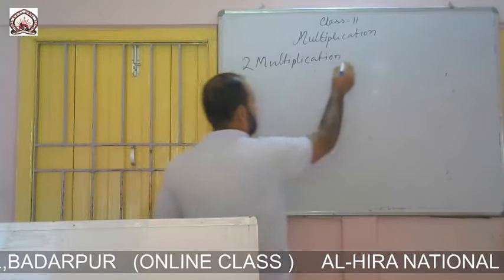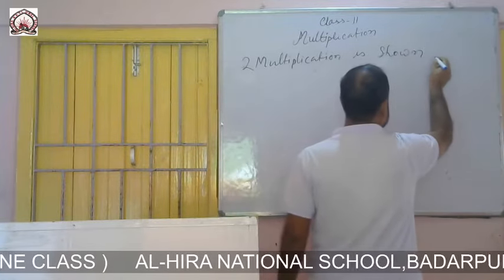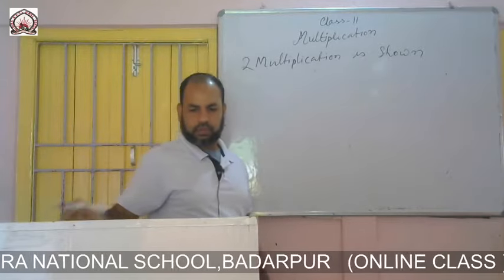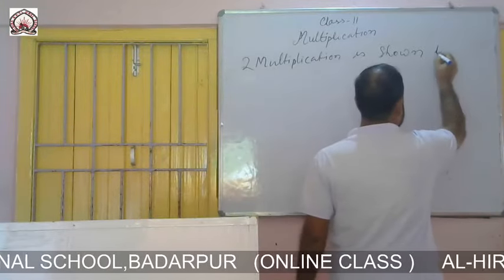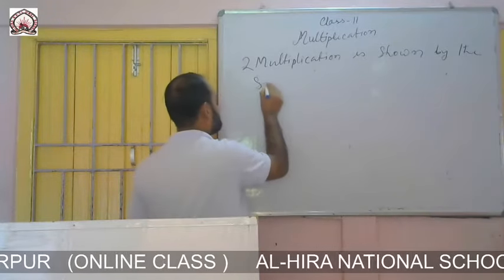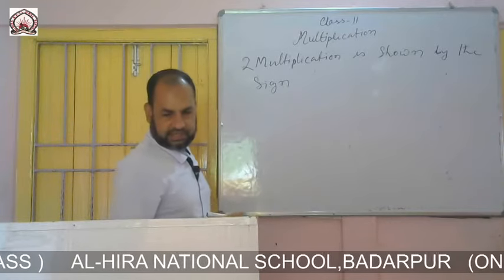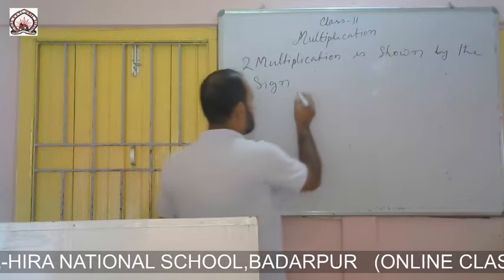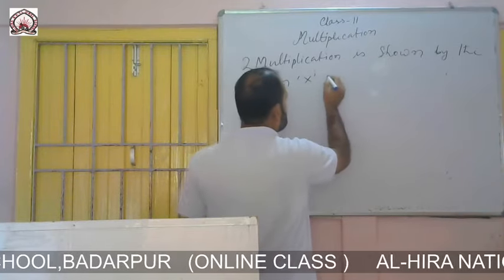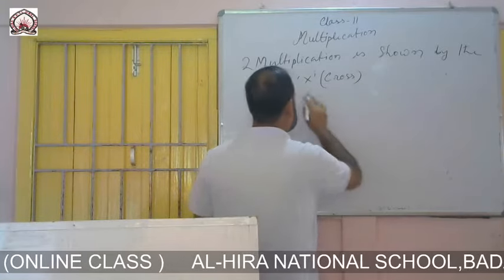Multiplication is shown by the cross sign, C R O double S, cross.